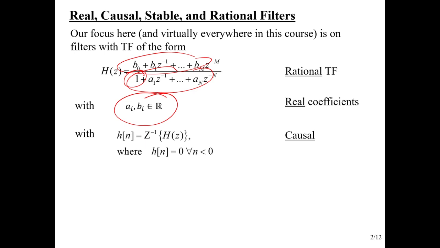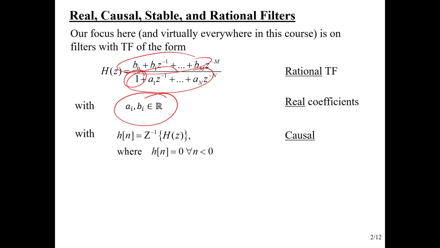The C is the causal part. We'll refer to these as RCSR, I guess, or some other combination of those initials. So the causal part has to do with the impulse response, or at least that's the easiest way to characterize the causality of it. There's a more general definition of causality, and you should have learned that in your signals and systems class, and I'm not going to go back and address that at this point.